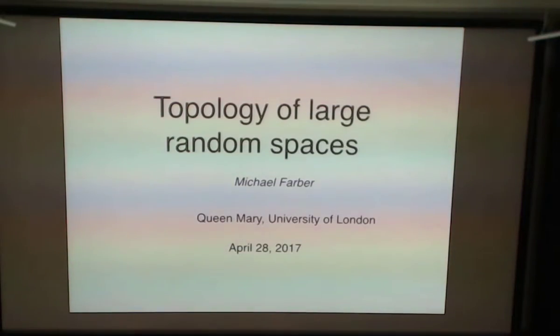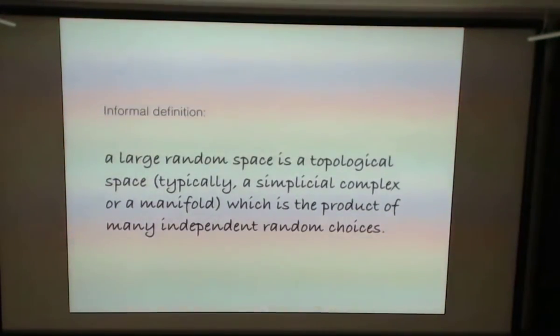So my title is Topology of Large Random Spaces, and maybe I'll start by making a definition of what is a large random space. The definition is informal, but it describes some typical properties of the spaces. A large random space is a topological space, typically a simplicial complex or a manifold, which is the product of many independent random choices.